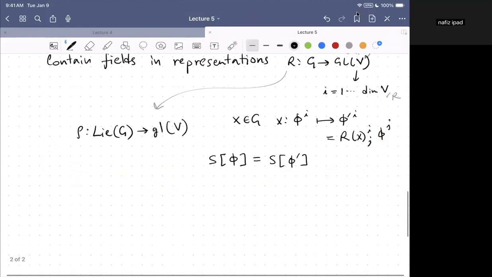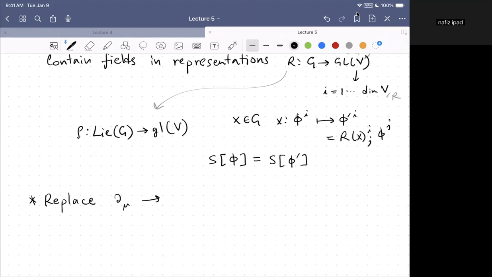And then the next step is that you promote this global symmetry to a local symmetry. So that step involves replacing all the partial derivatives with covariant derivatives. So replace del mu with del mu minus i g A mu, where g is just a number, a coupling constant, and then the representation rho of A, where A is the new vector field that we introduce, which has to transform in a certain way.